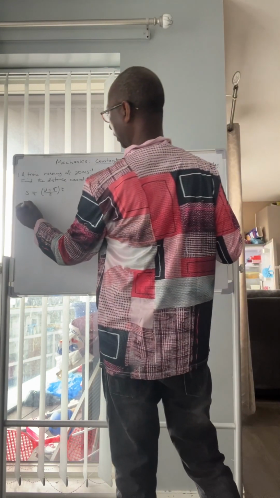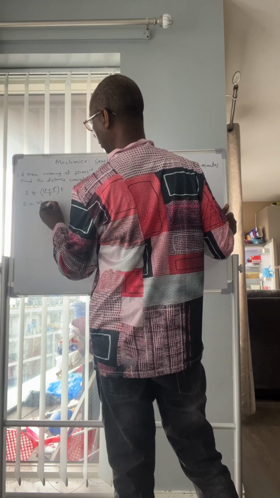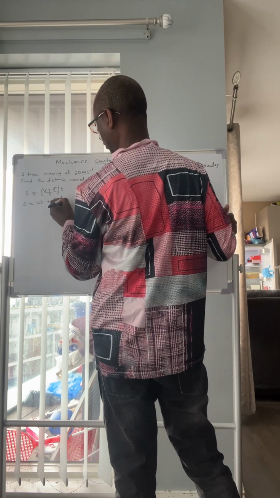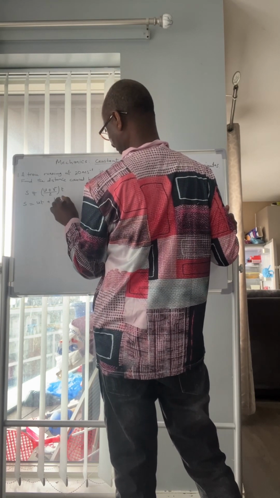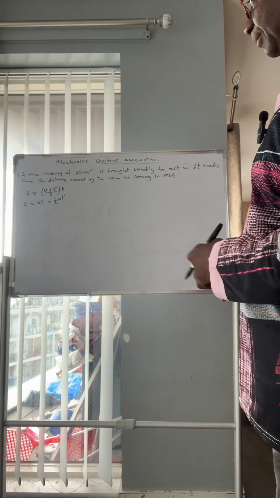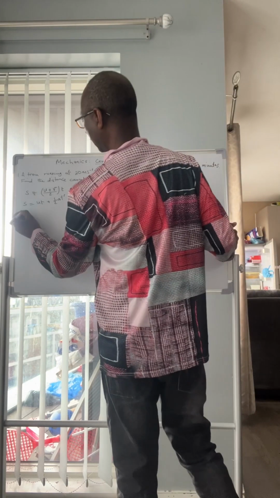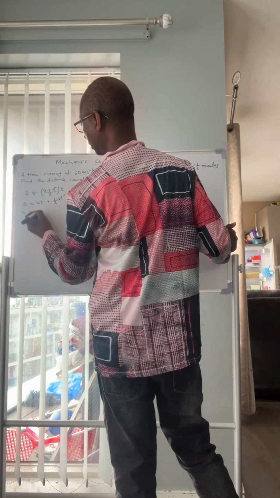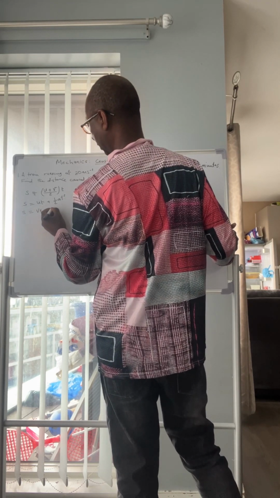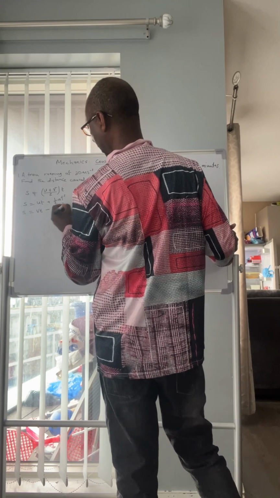You have another one that says s equals the initial velocity times the time plus half times acceleration times time squared. And you have another one that says s equals final velocity times time minus half times acceleration times time squared.